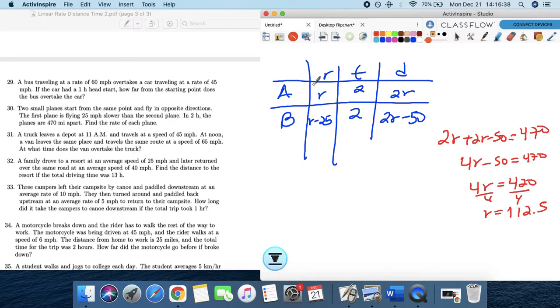So one airplane is 130, the other one is 130 minus 25. That's going to give us 105 miles per hour.